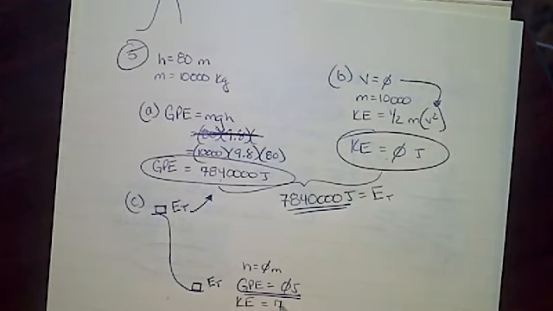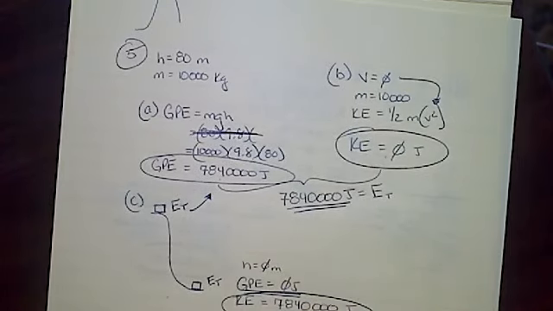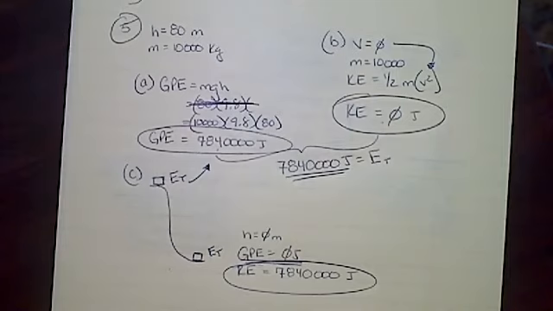And now the KE becomes the 7,840,000 joules. Excellent job, guys. This is all conservation of energy and transfer of energy. I want you to understand that the total amount of energy that we start with will be the total amount of energy that we end with. No ifs, ands, or buts about it.